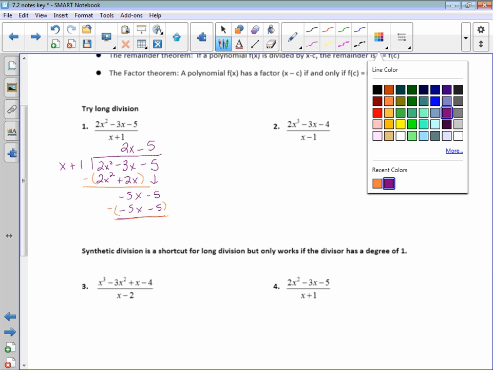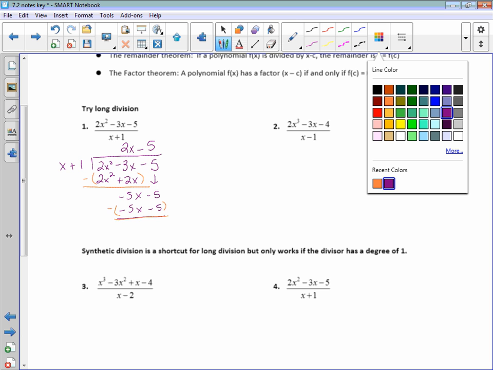So you start the process over again. What do I take x times to get negative 5x? Negative 5. And then that times all of this. You get 0. That means your remainder is 0. So I multiplied it by negative 5. Negative 5 times x is negative 5x.